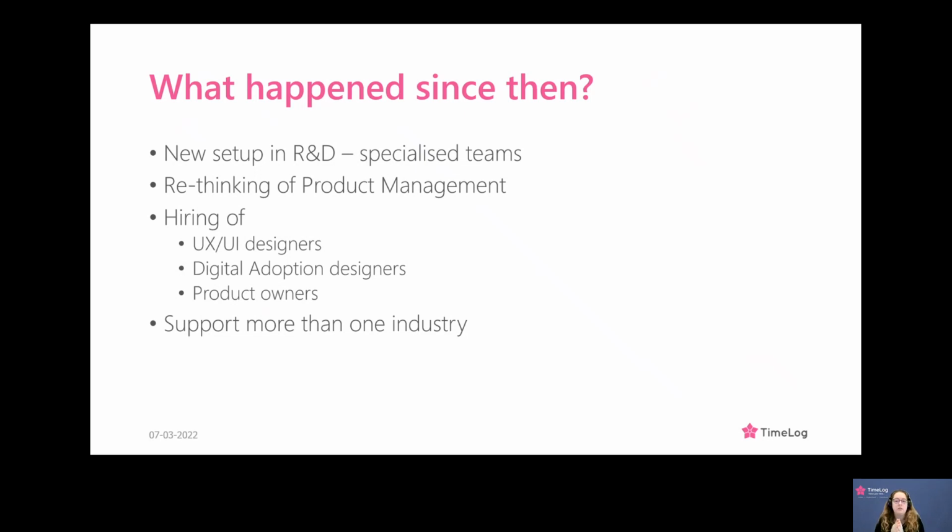So in each team, there will be a representative from each internal team in TimeLog, taking the user perspective with us in what we do here. We also did a rethinking of product management and actually hired a lot of new people. So we now have specific UX and UI designers for each vertical team.